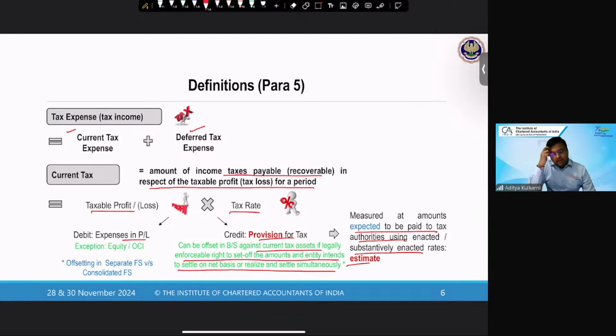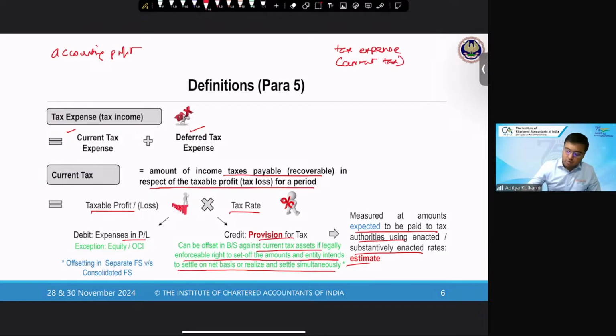What is that statement which marries my accounting profit to that current tax expense? I have accounting profit, I have tax expense, basically current tax. What is that statement which gives this marriage between the tax expense and the accounting profit? This is nothing but your statement of computation of income.